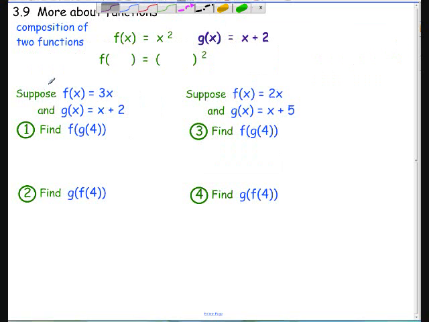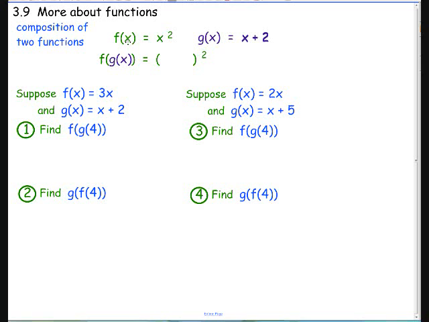The composition of two functions. If I say that function f is the squaring of x, and function g is adding 2 to x, what will it mean if I say that my input to function f is going to be function g?